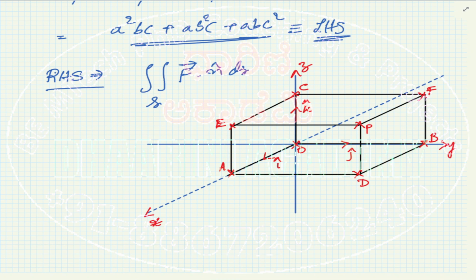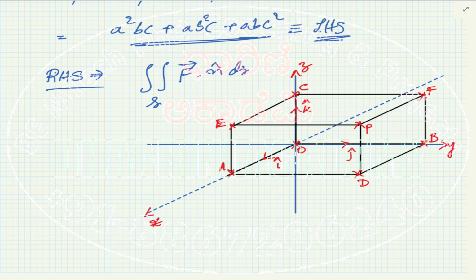Now we need to identify how many surfaces we have, because the equation says that you are going to perform a double integral over a surface. So which surface to take for this given diagram? It is equal to the total number of surfaces that it has.